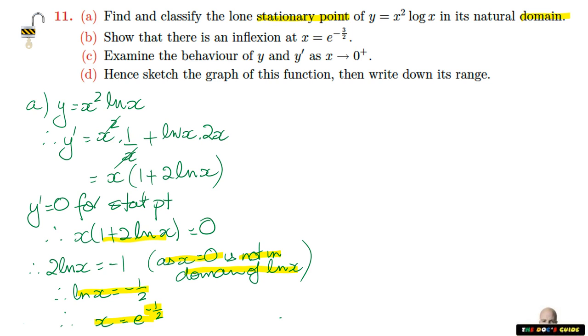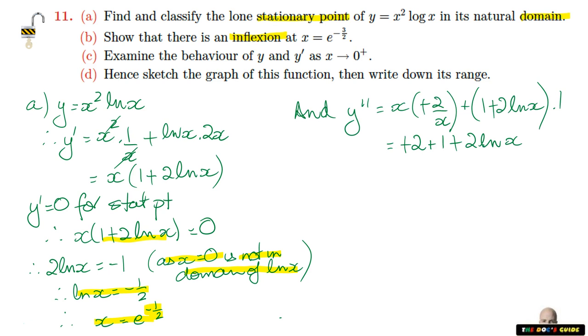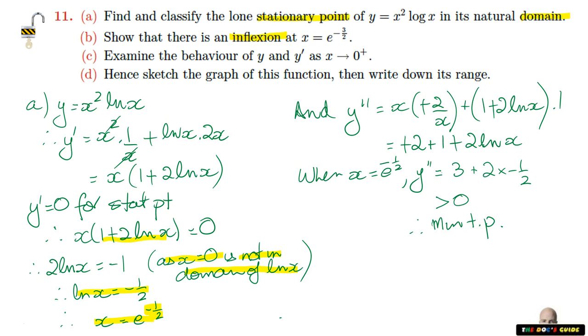Okay, next part, show there is an inflection. Well, again, we know what an inflection is, and it's just an inflection, not a turning point, which is also an inflection. So an inflection occurs when the second differential is 0, so we find our second differential, and we find when that equals 0.